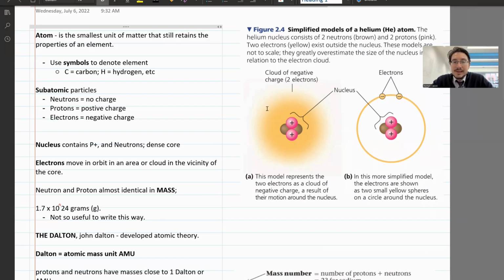Here's a cloud of electrons surrounding a nucleus of an atom having protons and neutrons. This is another simplified model. You can more formally see an electron shell where you have the likelihood of electrons being found. So there are different ways that you can represent this, and we're going to see several.